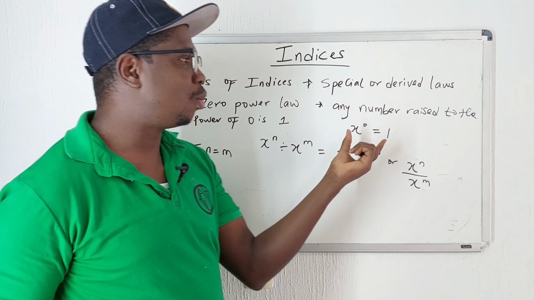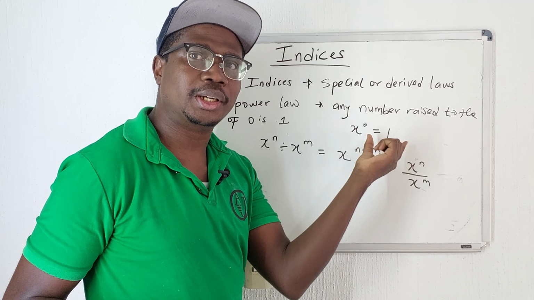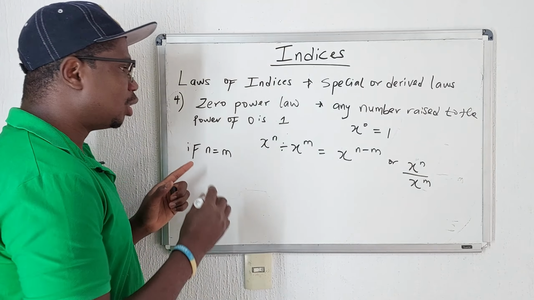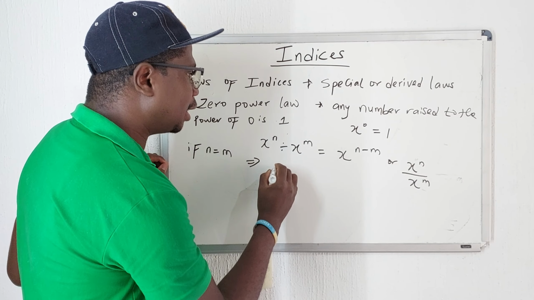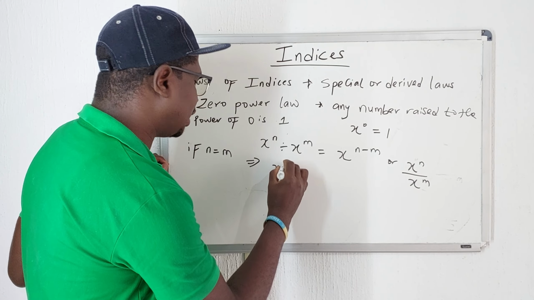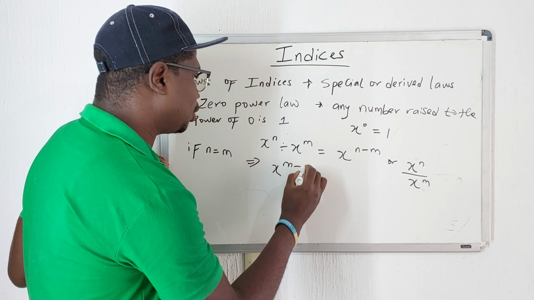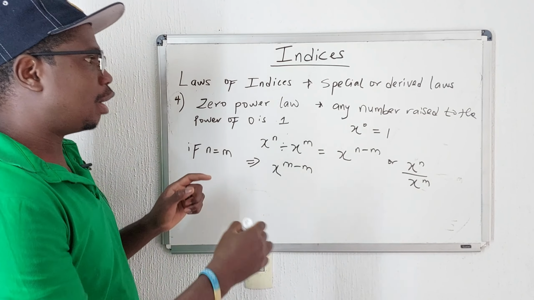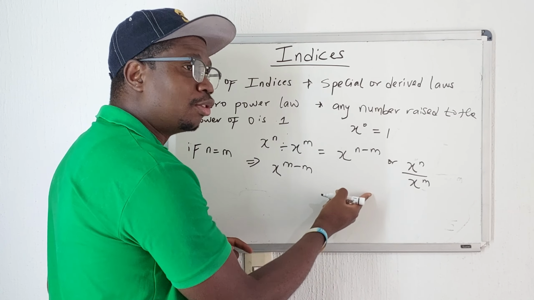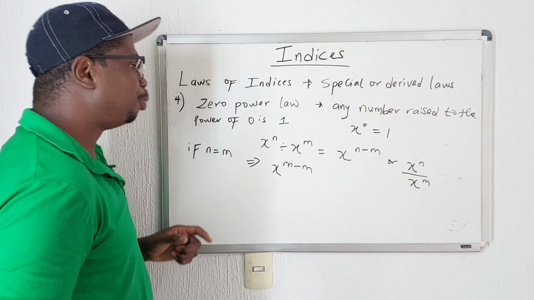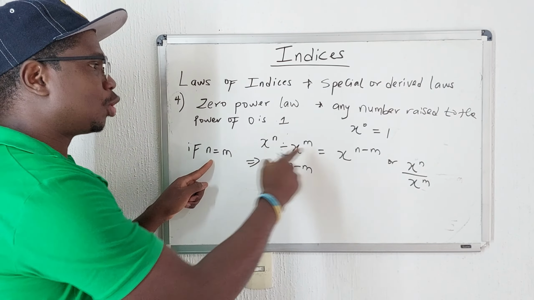Now I want to derive how we got this expression. If n equals m, applying this equation, it means x raised to the power m minus m. Remember, this is the expression from law 2, which is the quotient law.